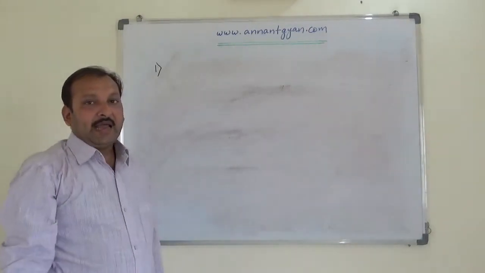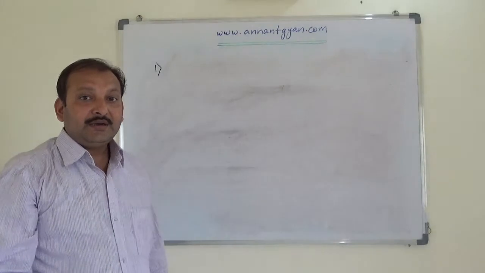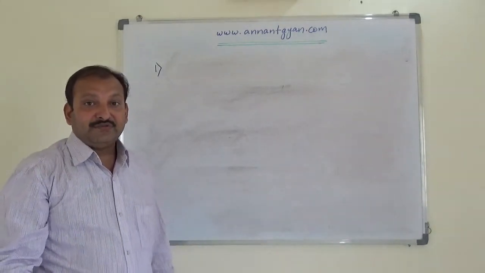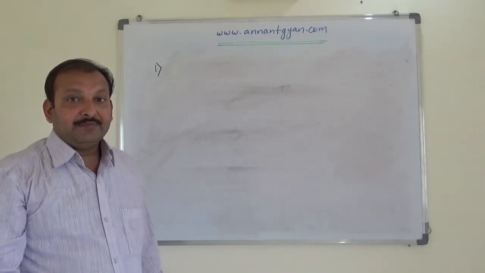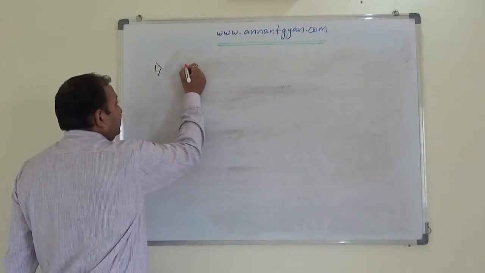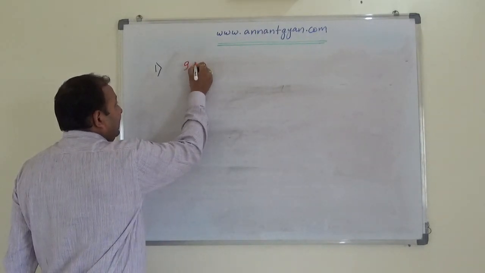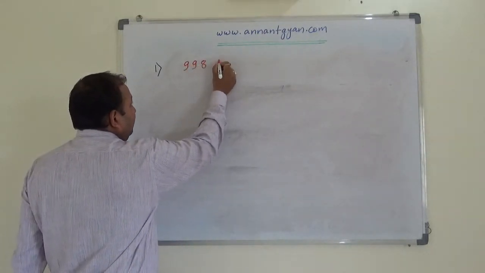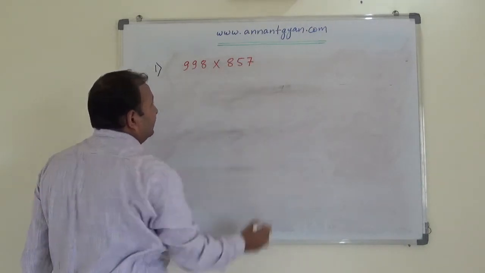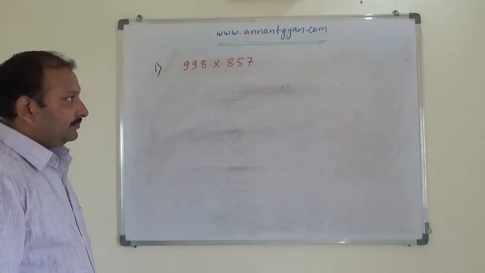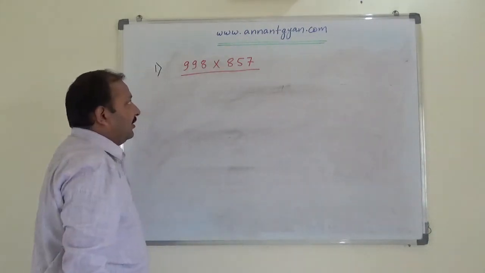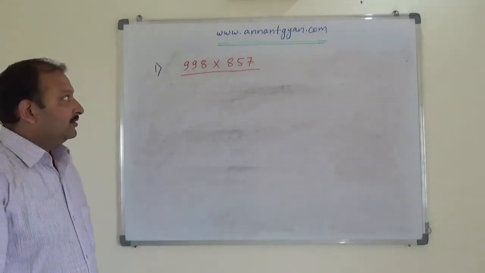If the number is near a power of 10 or the base values, then the multiplication will be very easy. So if I take this particular case, 998 into 857, it is very easy to get the answer of these problems.